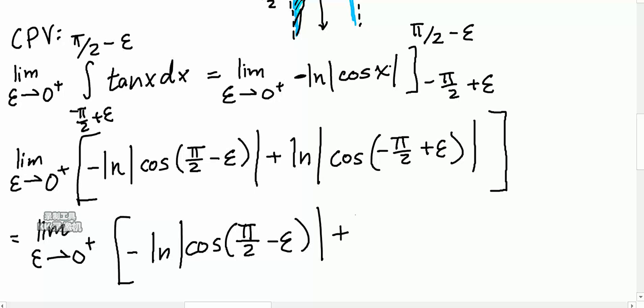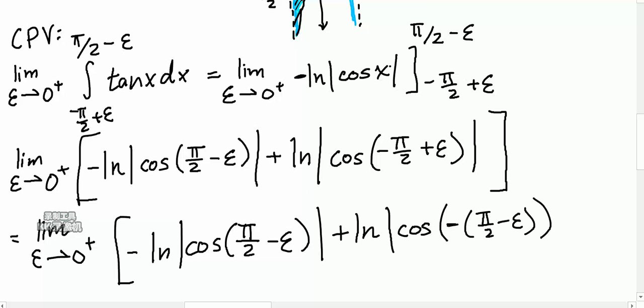So here's the deal with the second part. If you factor out the negative term from the input of the cosine, you have negative of pi over 2 minus epsilon.